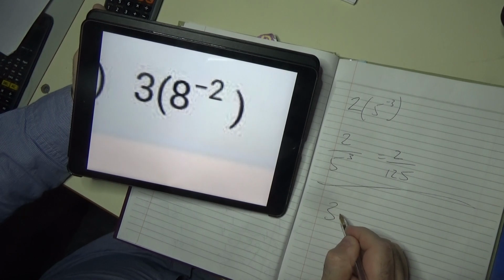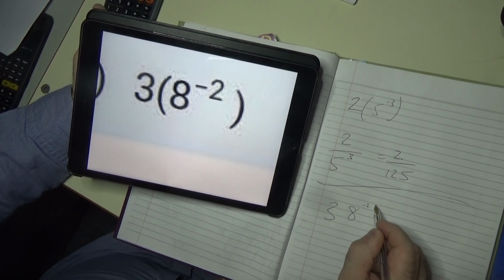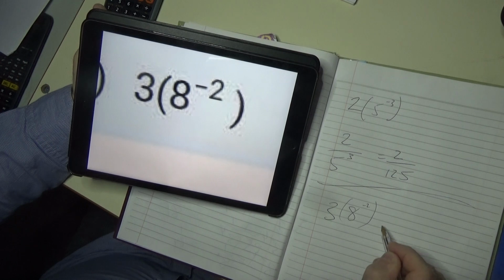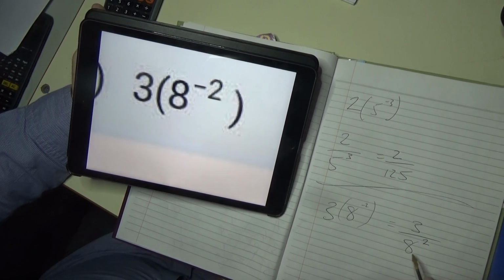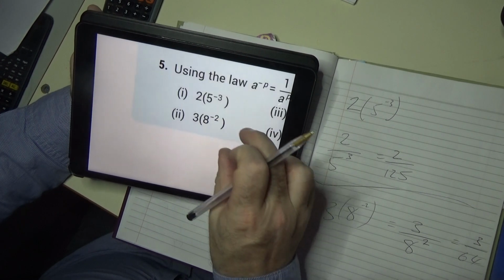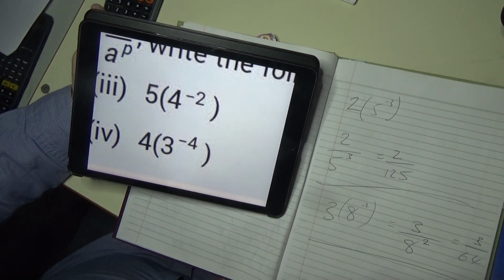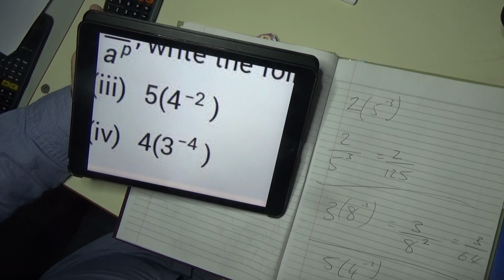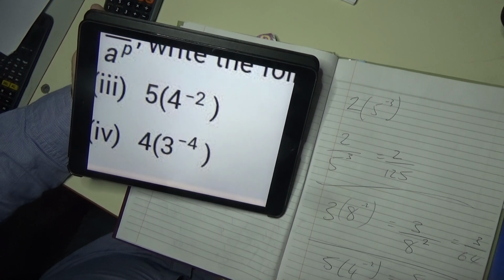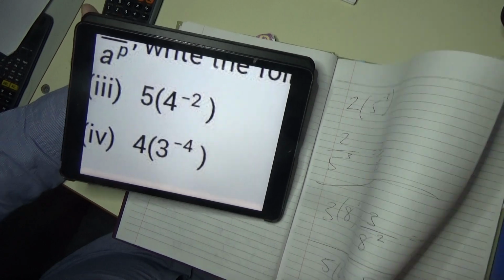3 times 8 to the negative 2 equals 3 over 8 to the 2 equals 3 over 64. 5 times 4 to the negative 2 equals 5 over 4 to the 2, 4 squared if you like, equals 5 over 16.